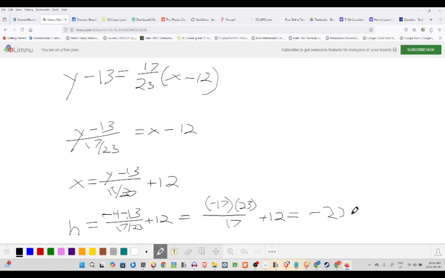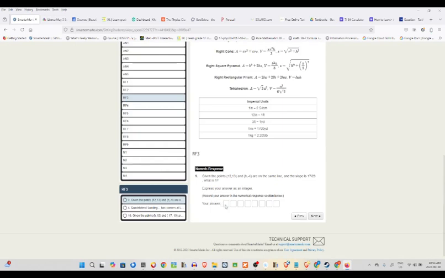That's negative 23 plus 12, or negative 11. Plenty of boxes in case we make a mistake and have large fractions.